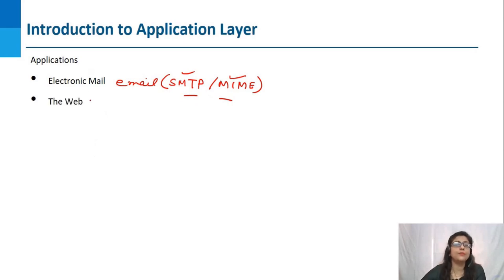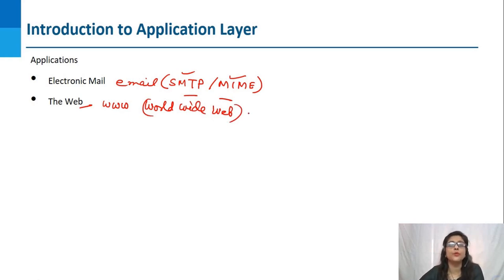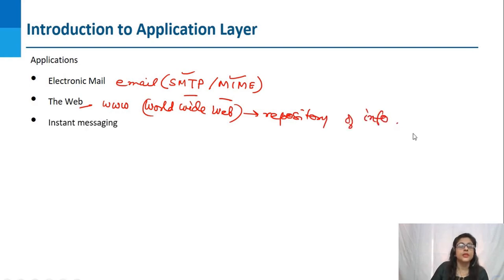We can have the application of web, which is also called the WWW or the World Wide Web, which is basically a repository of information. Then we can also have instant messaging.